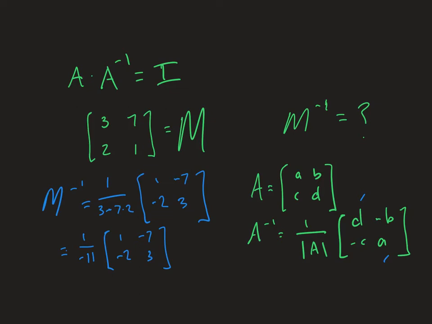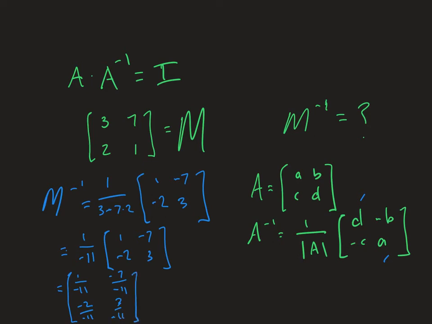When we have a number outside a matrix, we can multiply it by every element in the matrix. So we can write it as negative 7 over negative 11, negative 2 over negative 11, and 3 over negative 11. That's the inverse of M.